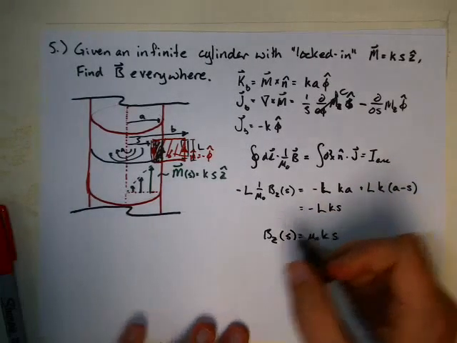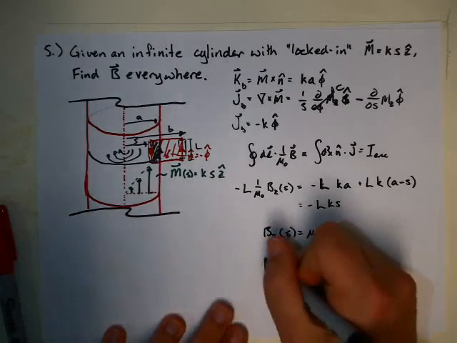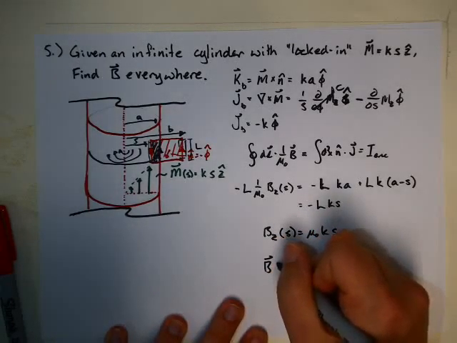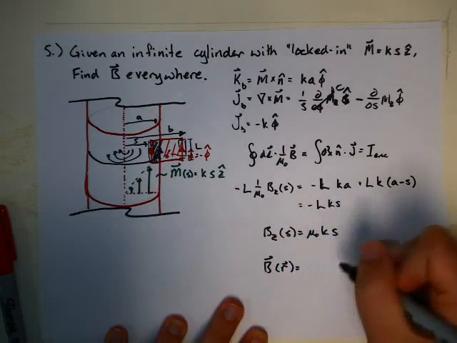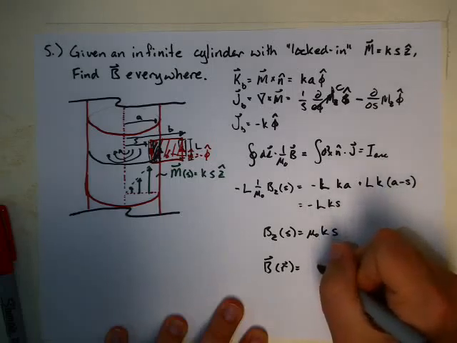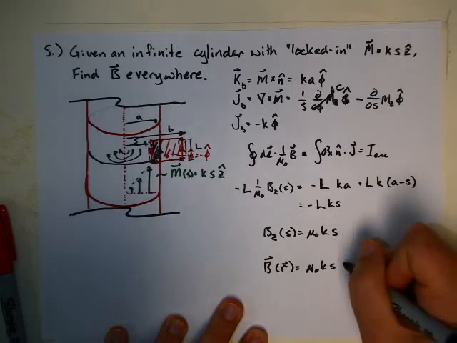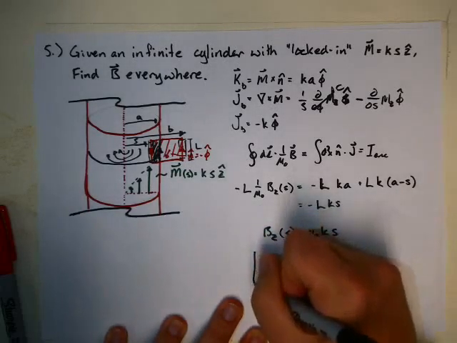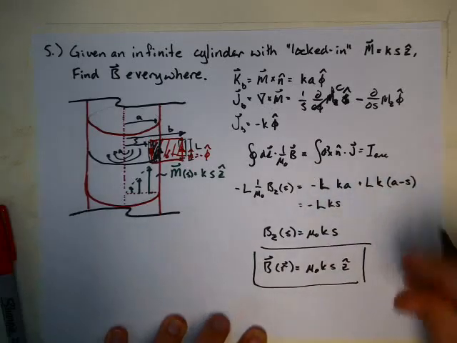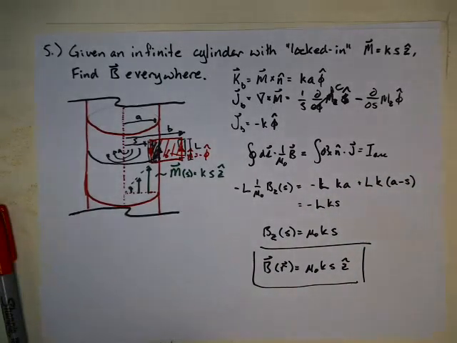And so generalizing this back into a vector field, the magnetic field as a function of r is mu naught K s in the z hat direction. And that is the magnetic field for an infinite cylinder with locked-in magnetization.